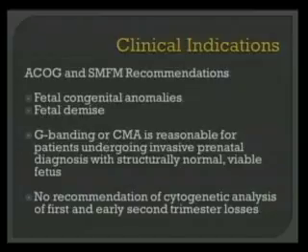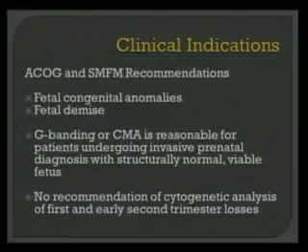And one of the things is, besides those settings with the congenital anomalies or the demise, if you have a patient that's undergoing invasive prenatal testing for some other reason, that it still could be offered to them because you're not doing anything more in addition to getting their sample like you normally would.